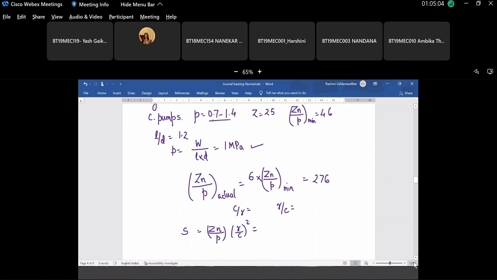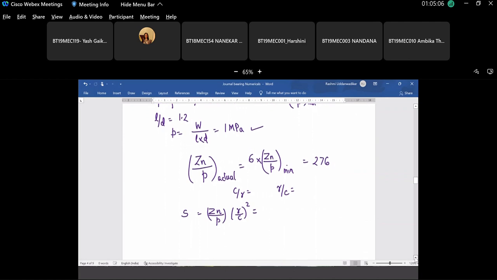Convert into appropriate units. If you are taking S as 1.5, no, we are taking this as actual.